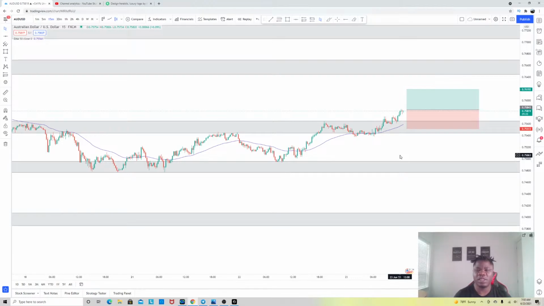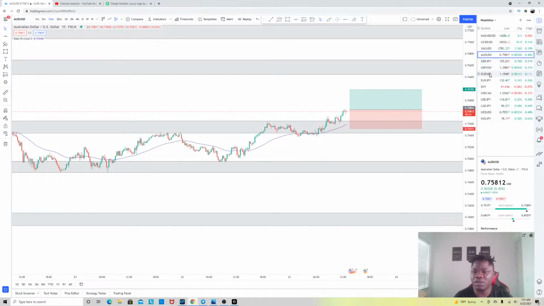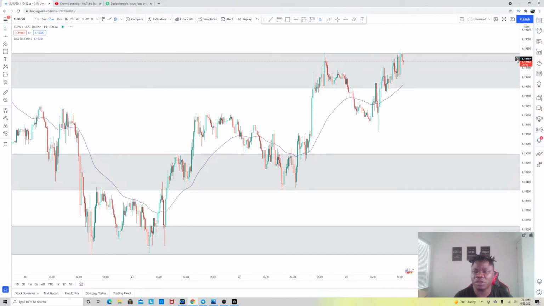Now, it doesn't happen 100% of the time, but the majority of the time it definitely happens. I would say about 70 to 80%. So if GBP USD is going up, AUD USD should be going up as well, and also Euro USD should be going up as well.